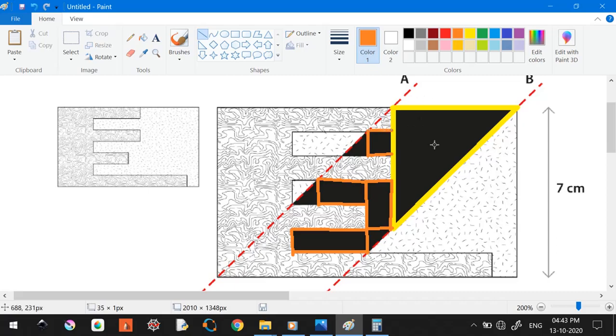So this is how I will split the larger yellow triangle. I have this many rectangles or squares, and this many leftover triangles, right?